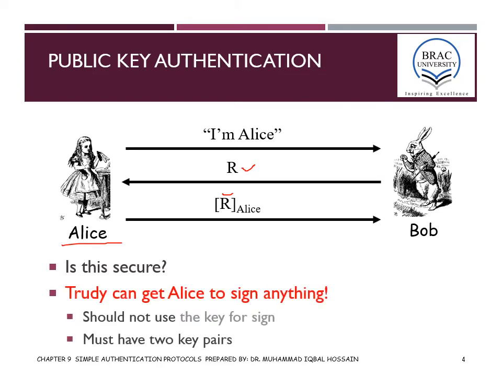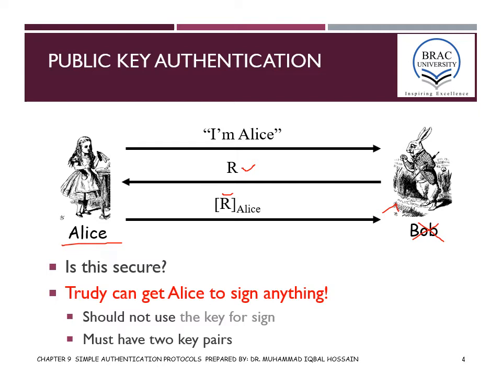So the question is, is it secure? It's the same problem. If instead of Bob there is Trudy here, Trudy can send any message and Alice can sign that. Like if he sends the message "Alice owes me $10,000," Alice would just sign it, right?